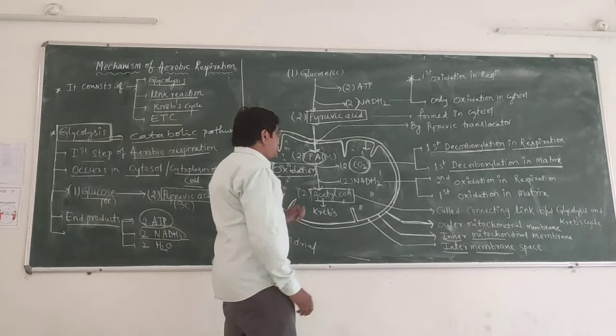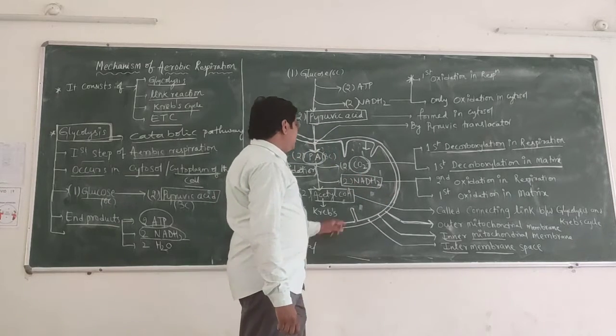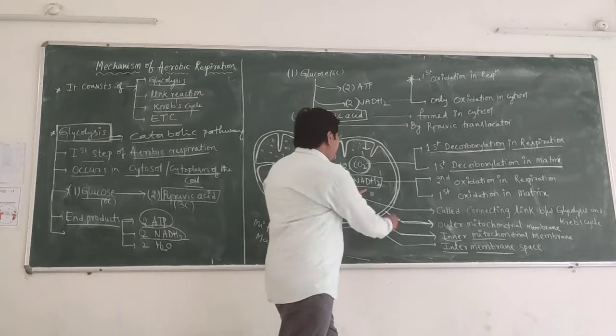Next, during the link reaction, two molecules of NADH2 are produced. These NADH2 are produced by the oxidation process. Two important questions come from this.